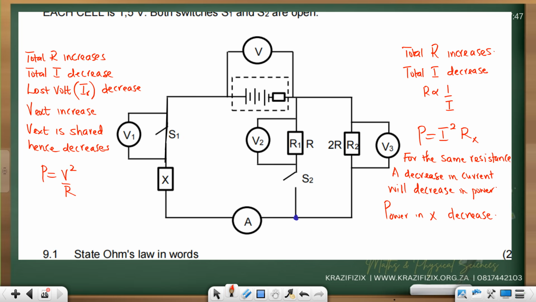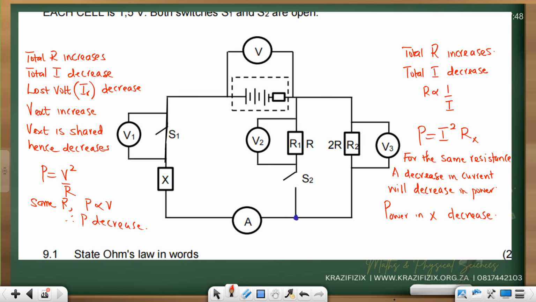So P equals what? V squared over R. For the same R, P is directly proportional to what? V. Therefore, P will what? Decrease. Don't forget the shared part. Although the total increases, and why again?